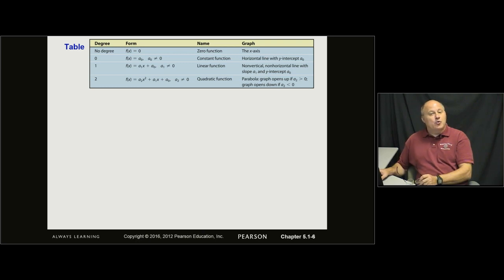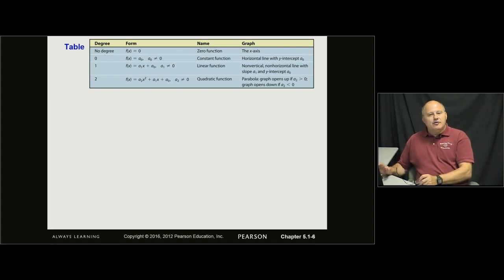And remember, when we got down to the quadratic functions, it was ax squared plus bx plus c, and that was in chapter 3. But here they're using a sub 2 x squared instead of the ax squared, a sub 1 x to the first instead of the bx, and then plus a sub 0 instead of the c. So it's the same thing but using different letters, and that's the quadratic function. The graph is called a parabola, of course.